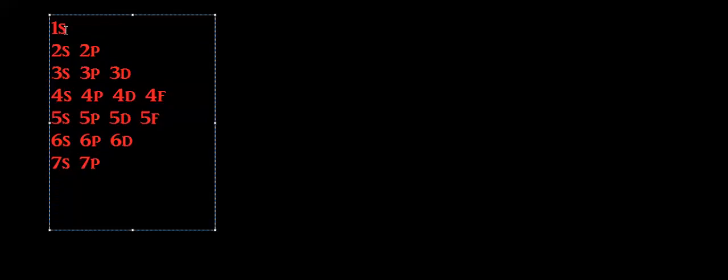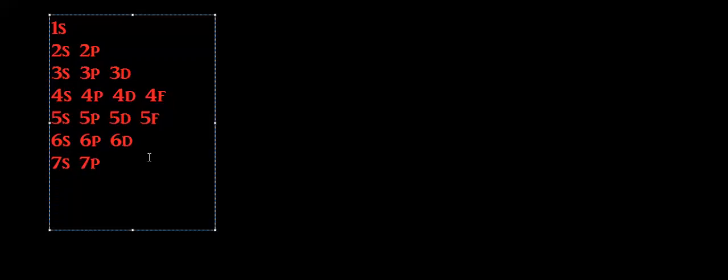So we do 1s, then go down to 2s, then go to 2p, finish out that row, go to the next row, 3s, 3p, 3d, 4s, 4p, 4d, 4f, 5s, 5p, 5d, 5f, 6s, 6p, 6d, 7s, 7p. I didn't add all the way to 7 for the d's and f's because you won't ever need to go that far, because you usually can abbreviate your electron configuration.